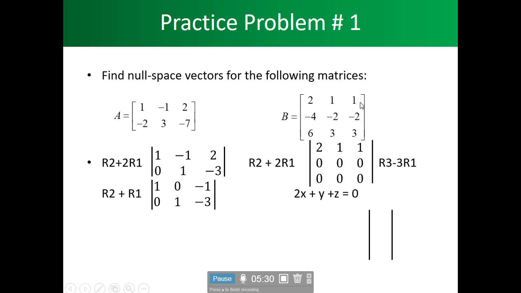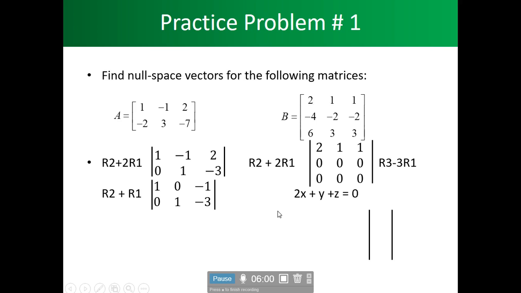With B, you can see that row 2 is nothing but minus 2 times row 1. And as you can see here, row 3 is just 3 times row 1. So you should expect to find what? That this is going to equal 0, because these are just multiples of each other, as we mentioned.